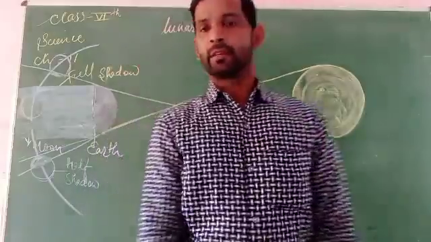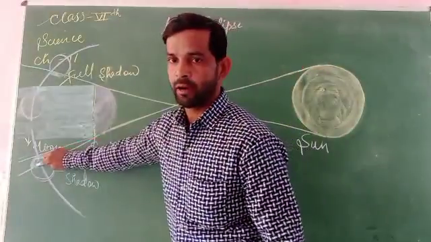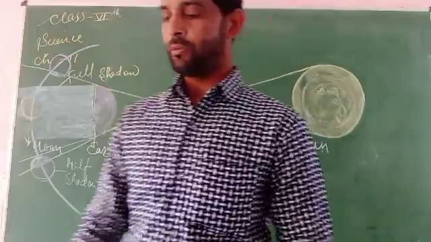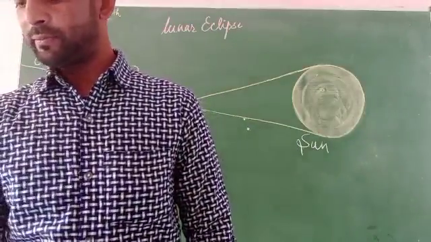So we can say this is about the half shadow, and this one is about the full or complete shadow. How does it happen?